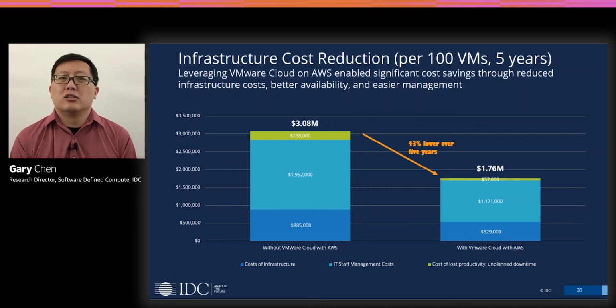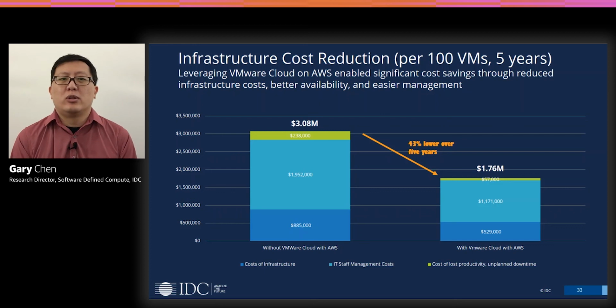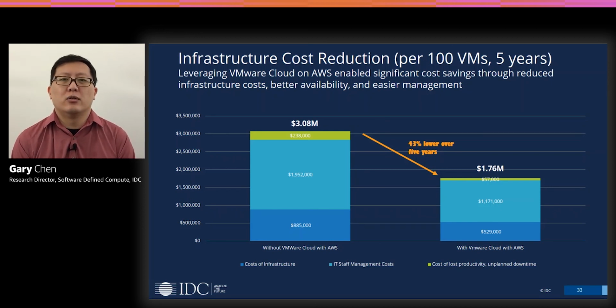So these costs included the management efficiencies, the availability improvements that we just talked about, but there were also savings on the core infrastructure platform costs, where users were able to more closely match their compute and storage capacity to their needs when using a consumption-based pay-as-you-go model, and that let them avoid investment in hardware platforms. And so it was a 43% over 5 years.